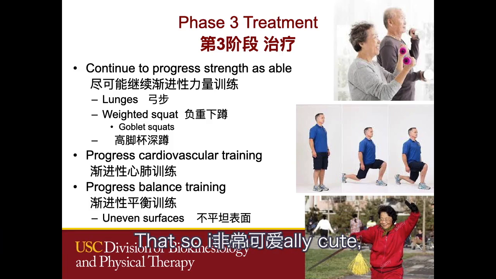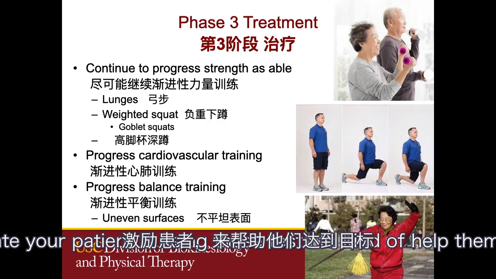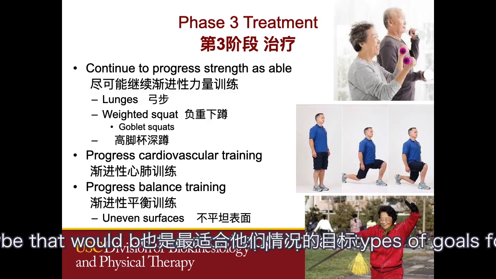So it was really cute. And I think you can use that kind of thing to motivate your patients, using these tests to help them get to a place not only that they want to go, but maybe that would be the most appropriate types of goals for them.